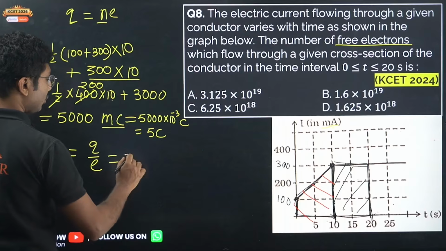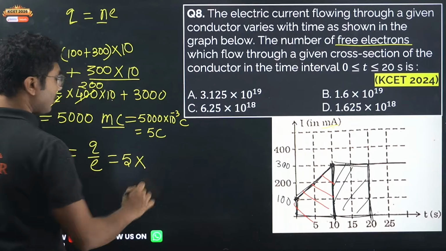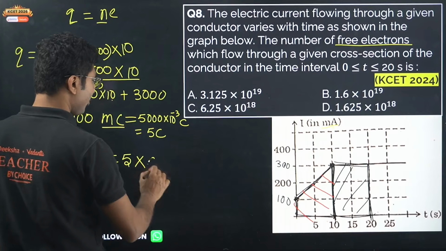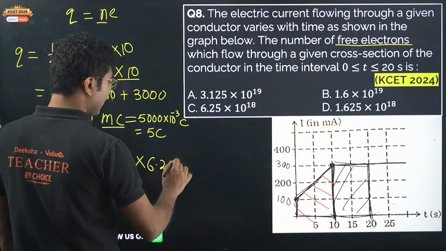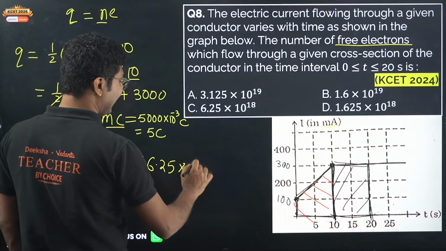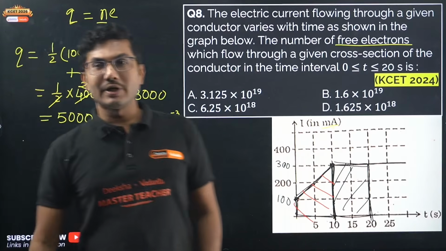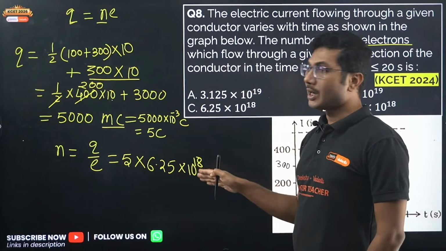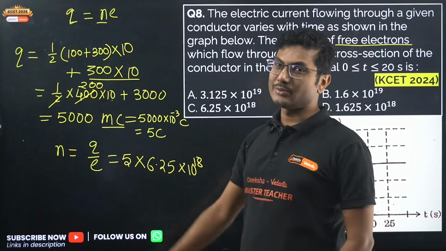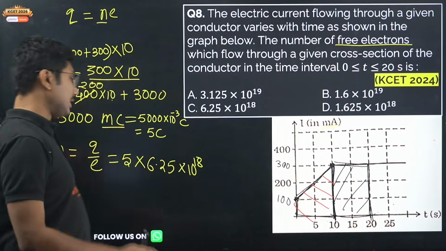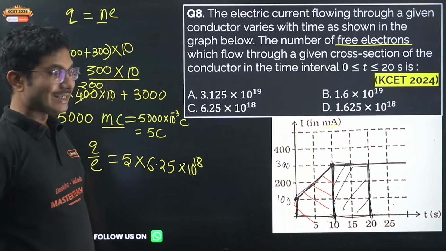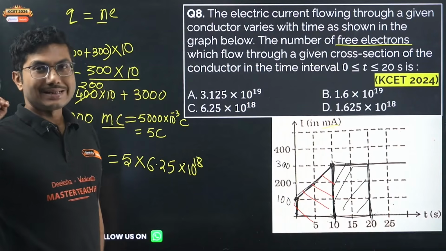Now, what is the shortcut? The shortcut is you have to multiply with 6.25 into 10 to the power of 18. If you multiply this, you will directly convert the charge to the number of electrons. 1 by e is 6.25 into 10 to the power of 18. If you remember that, it will save you some time.